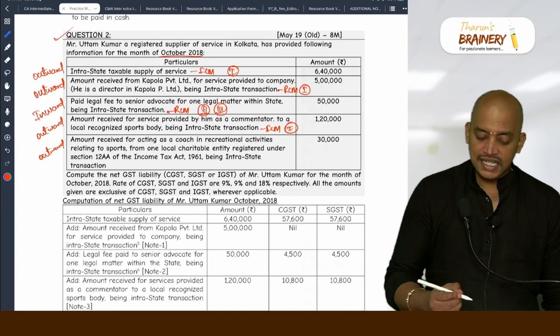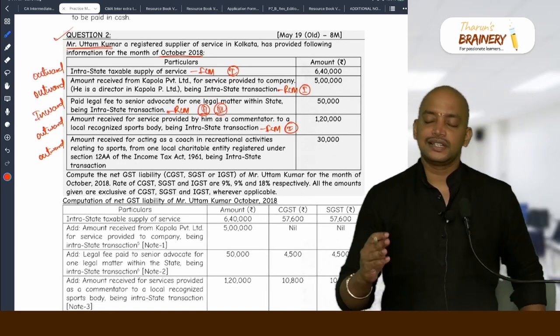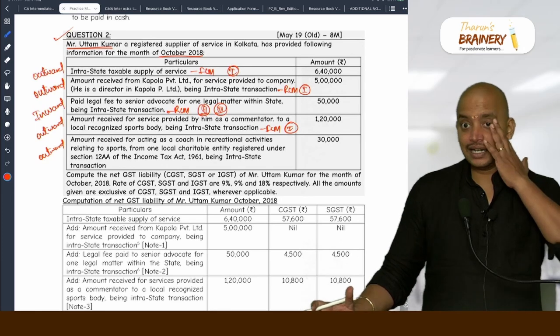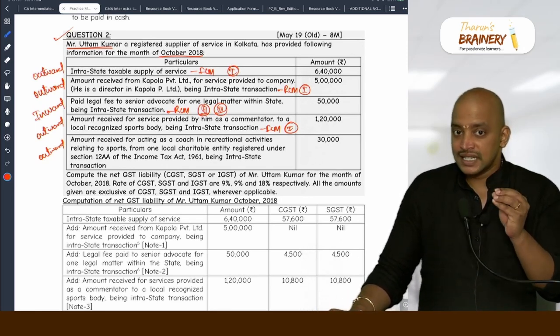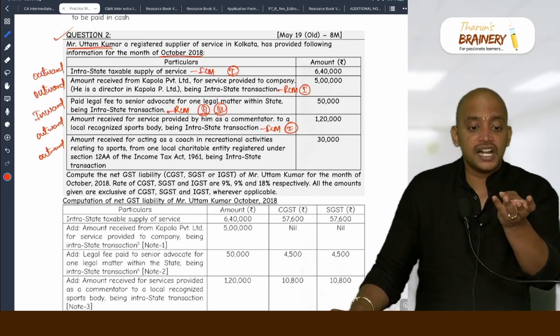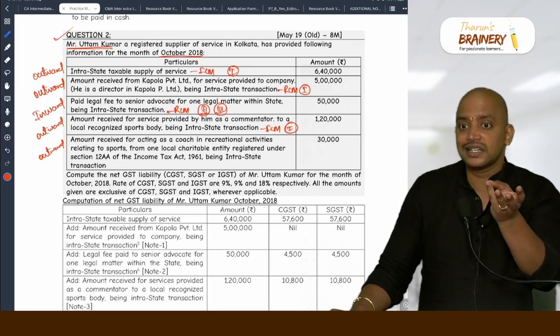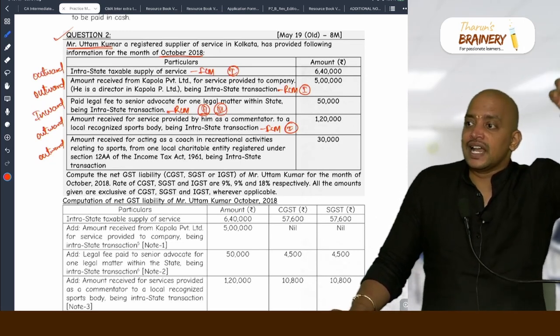Now, who is receiving money? Individual is receiving money. Please listen. Try to understand the exemption: services by way of training or coaching in recreational activities relating to arts, sports, culture. Arts and culture by an individual are exempted.